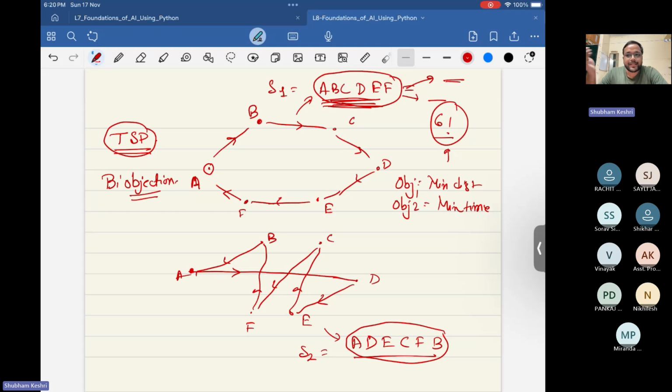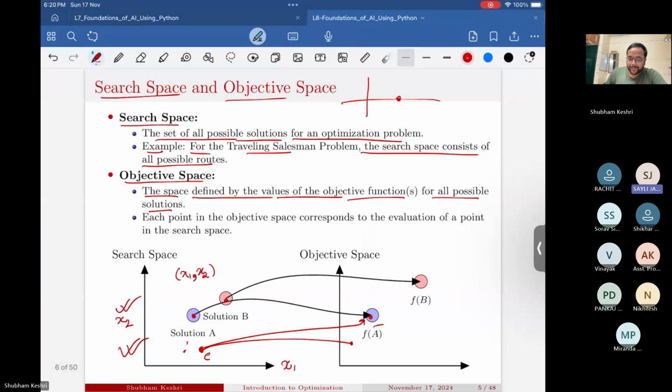Both can have the same distance in a traveling salesman problem. So that can happen. But you cannot have one solution mapping to two different values in the objective space. You cannot have that.